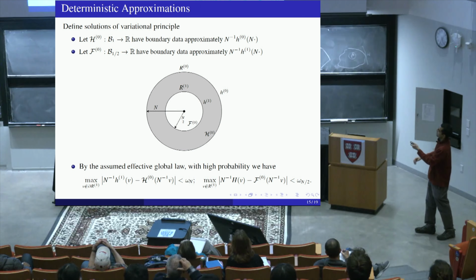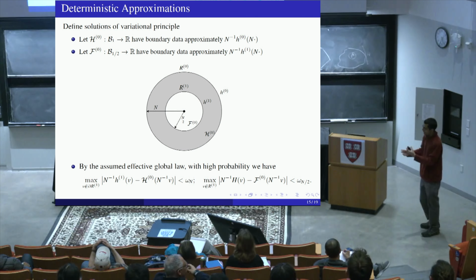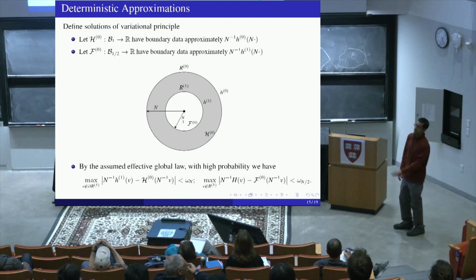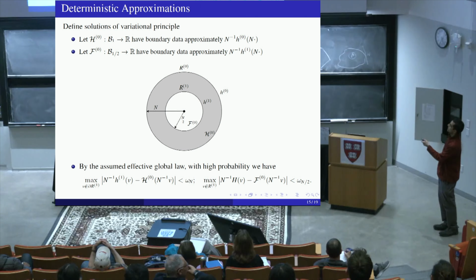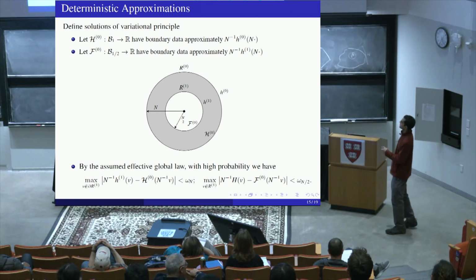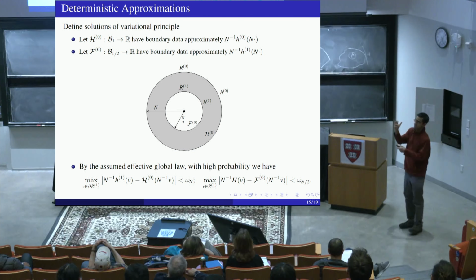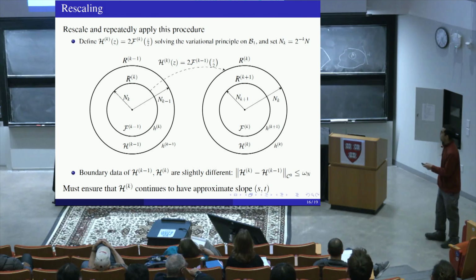So a special case of that is that h1 is close to h0. So on the boundary condition, you're close to this h0, but you might not be exactly equal to that. Your error is this omega n, okay? On the smaller domain, again by applying this effective variational principle, what I know is that, maybe this should be n over 2 inverse instead of n inverse, the height function here converges to f0. So these two are obtained by this effective variational principle, and the n in the second omega is halved because the size of this disk is halved, okay?